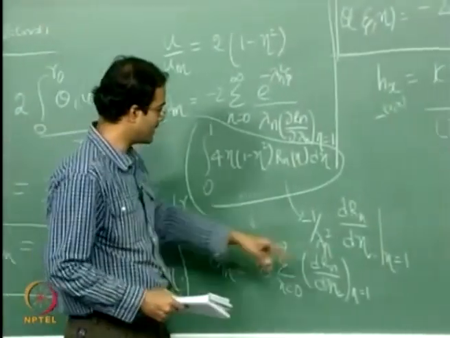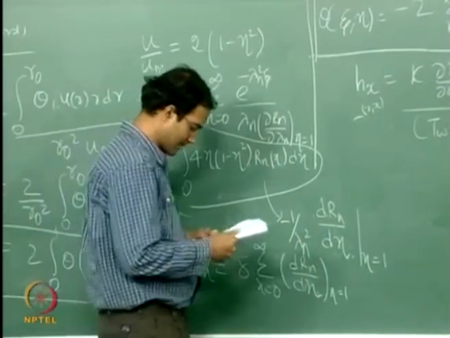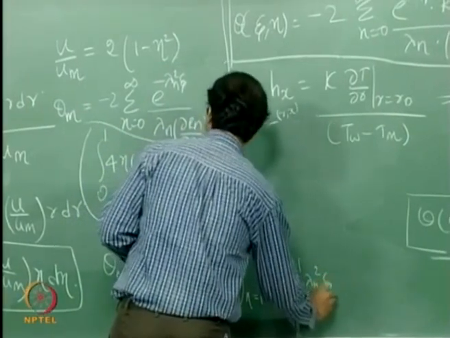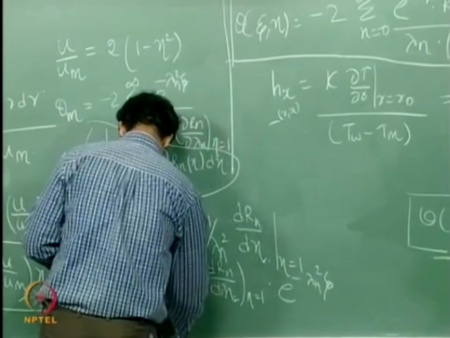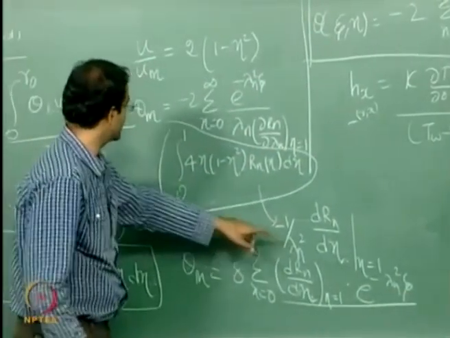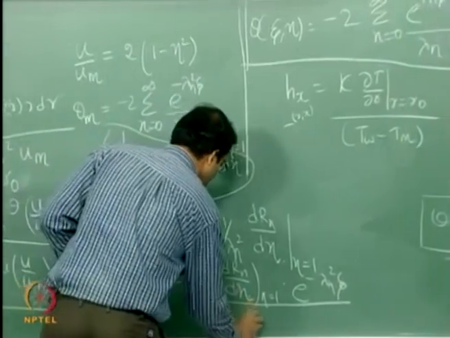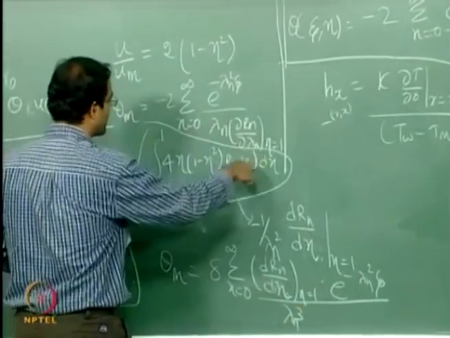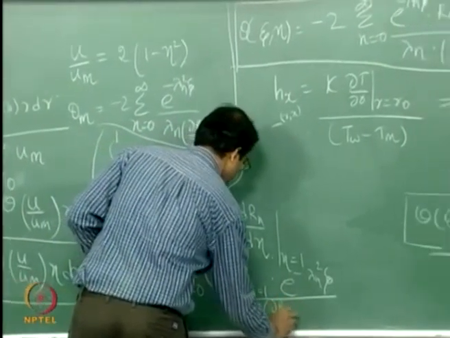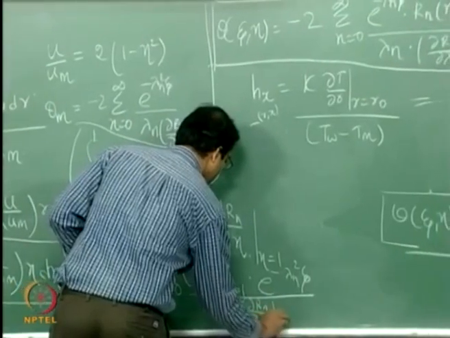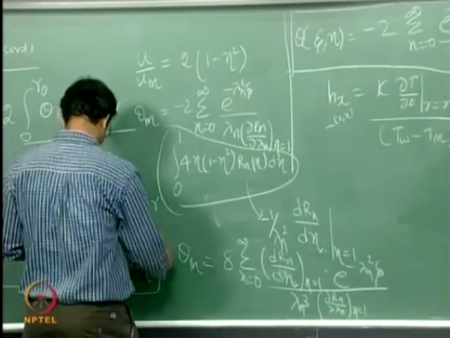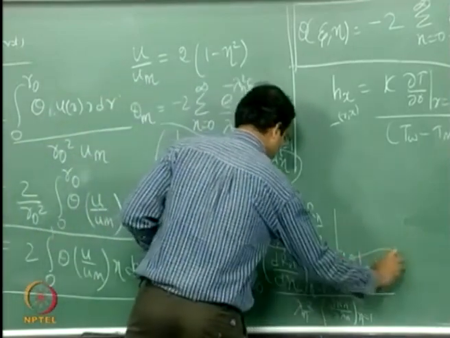This is one of the terms, multiplied by e power minus lambda n square zeta and divided by, you have a lambda n square here and a lambda n here, so this becomes lambda n cube, into drn by d lambda n corresponding to eta equal to 1. So this is your expression for theta m.